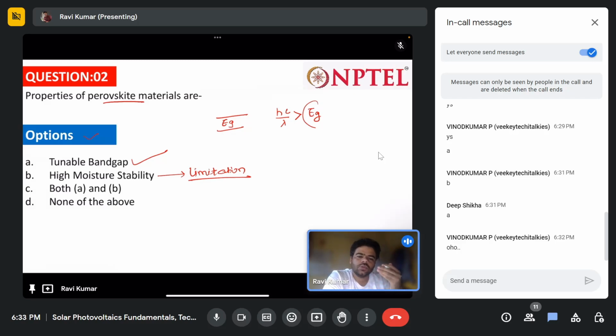So to get a large number of charge carriers generated from sunlight, we need a band gap that can generate charge carriers in every possible spectrum range, and that is possible only due to a tunable band gap.